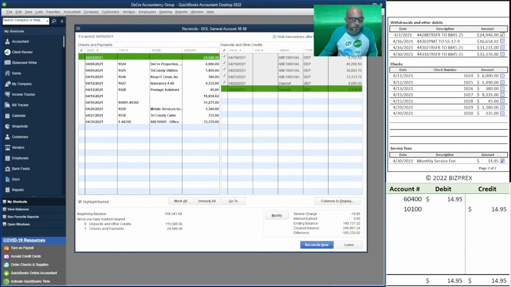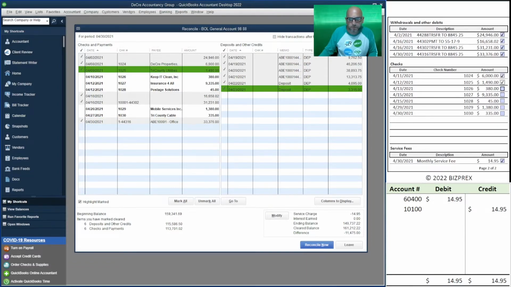Transfers. Alright, there's 658.02, 31 right here, and 33,376 right here. Alright, now we just have checks left. Hopefully that works. Check 1025 right here.